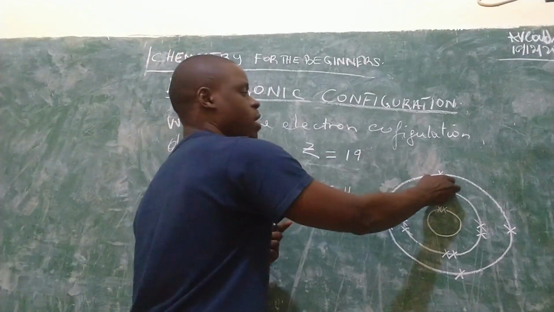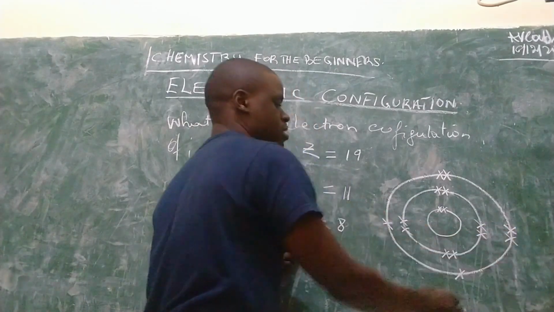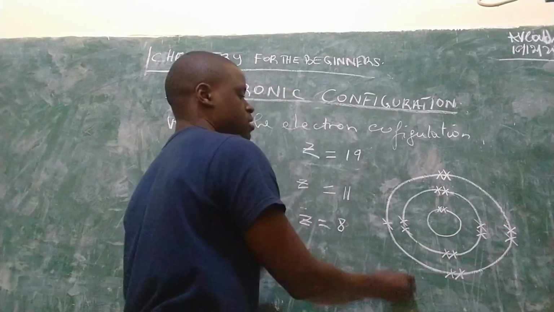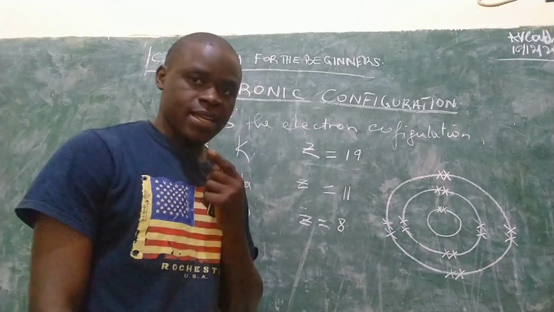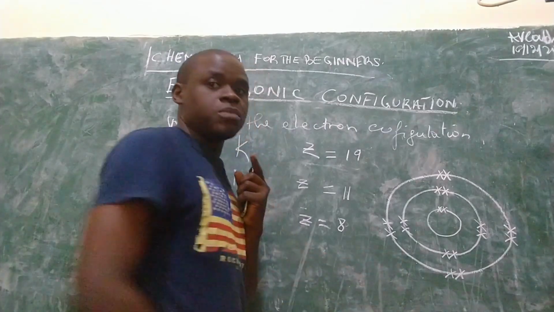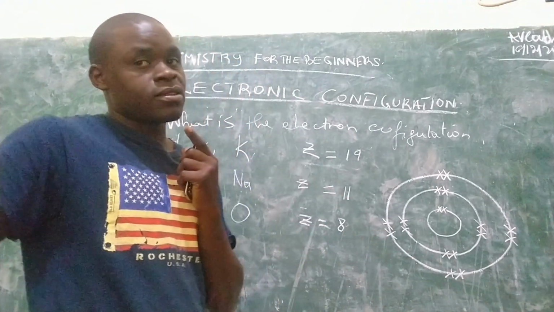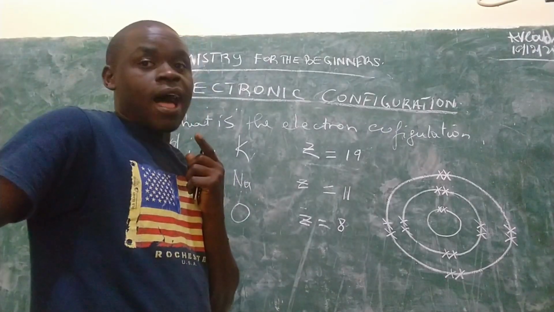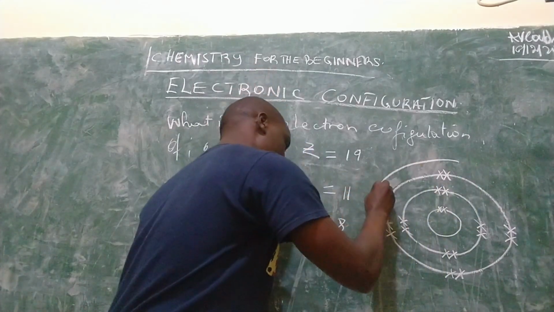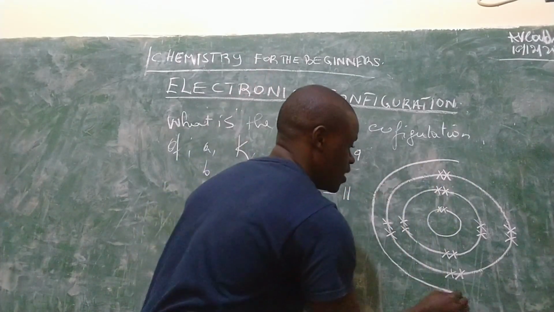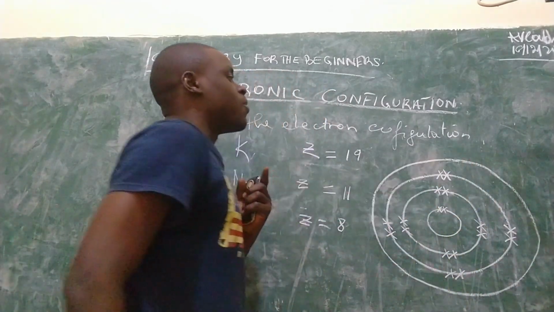That's why we are going to make pairs: 14, 15, 16, 17, and 18. So this third shell, or third energy level, is now full, which means we can't add anything here. What you have to do is create another energy level, the fourth one. We don't exceed 8. We can only create another energy level. This is how we are going to be successful in our exercise.